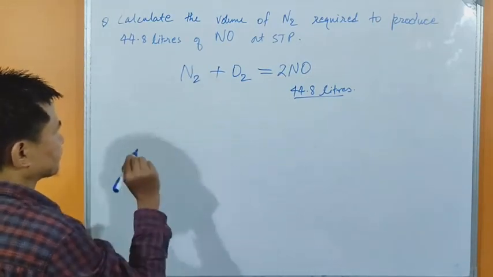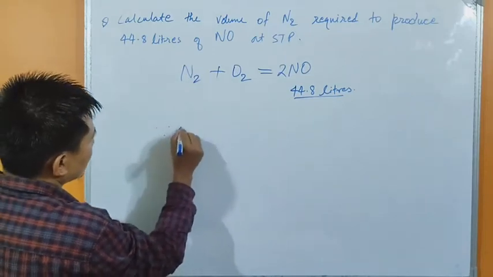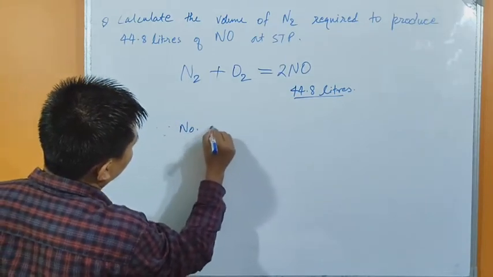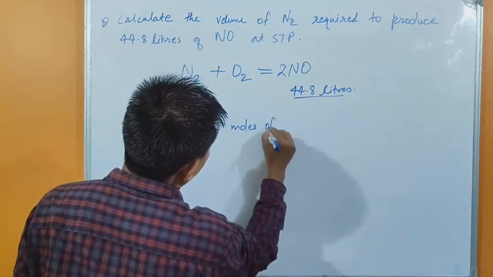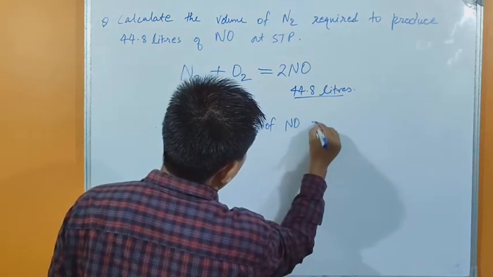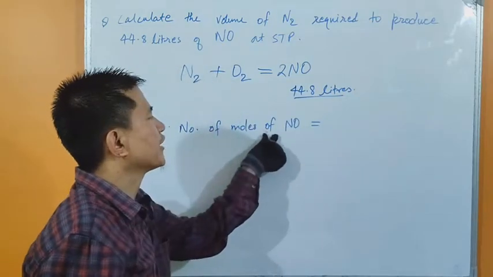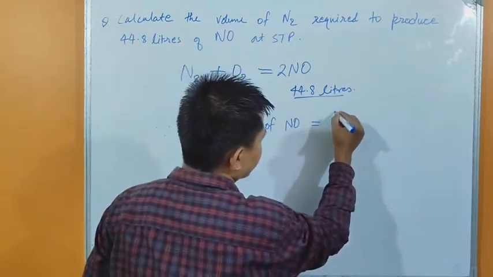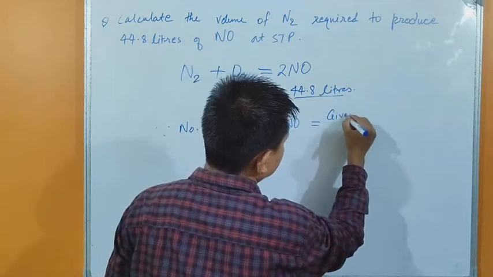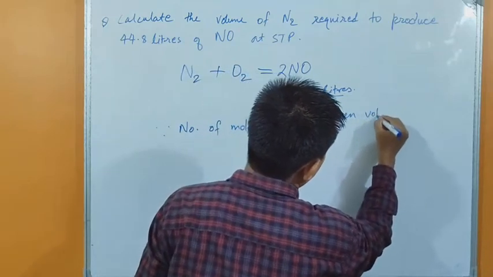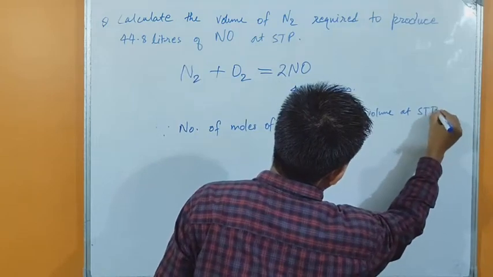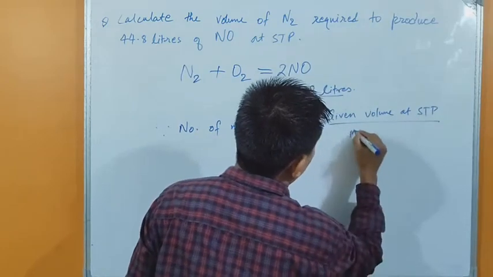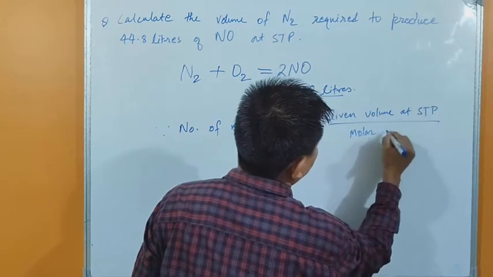Number of moles of NO, nitric oxide, equals the given volume at STP divided by its molar volume at STP.